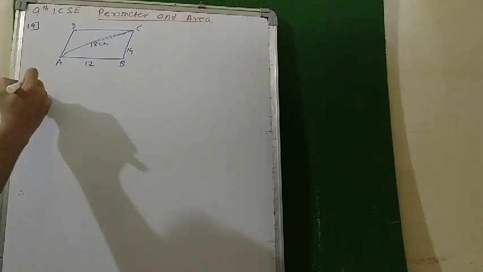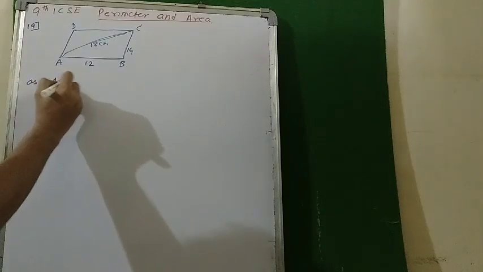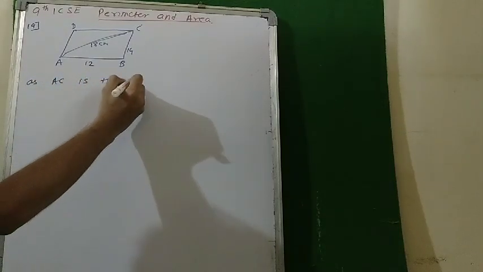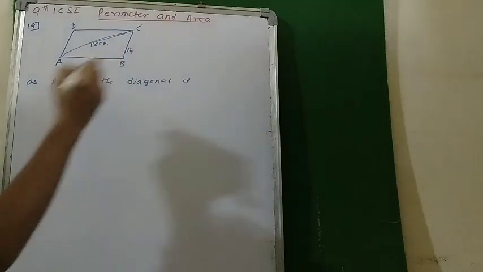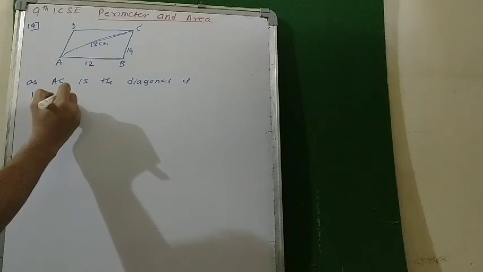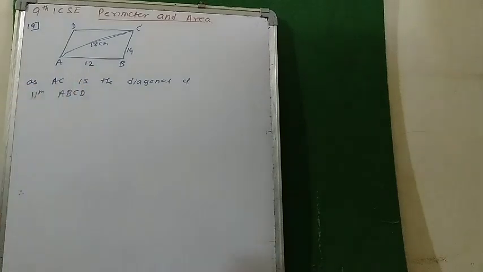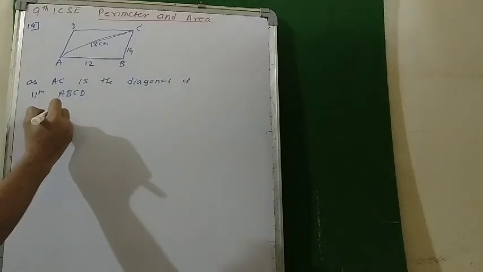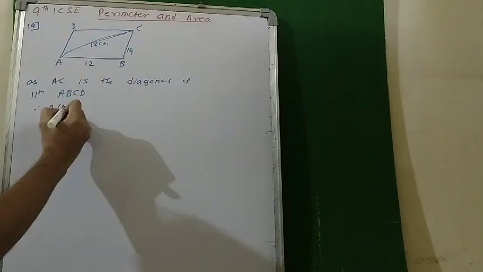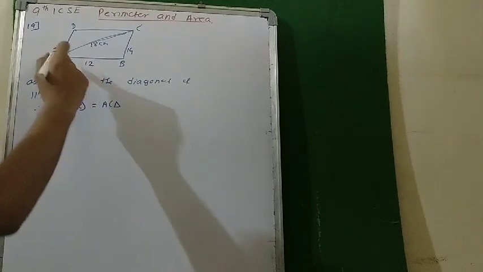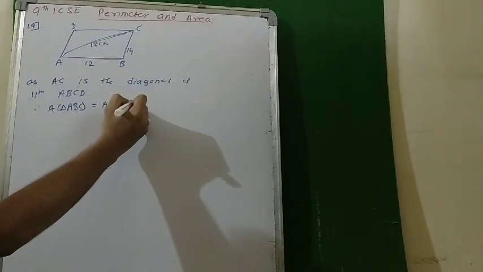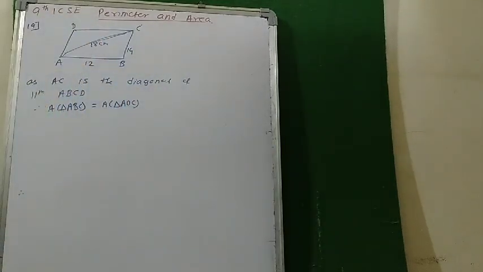So you can say that as AC is the diagonal of parallelogram ABCD, therefore area of triangle ABC is equal to area of triangle ADC.